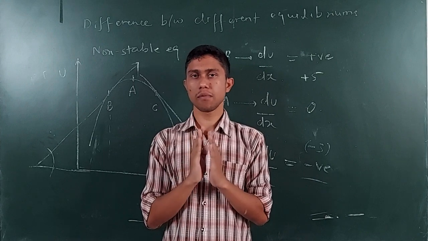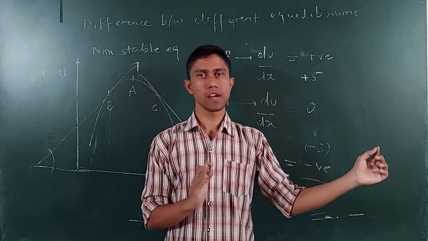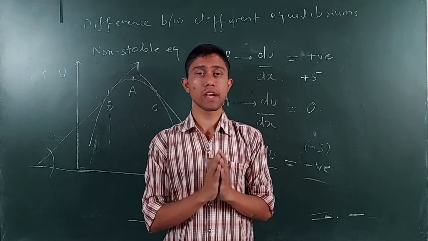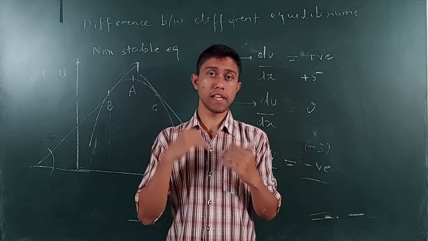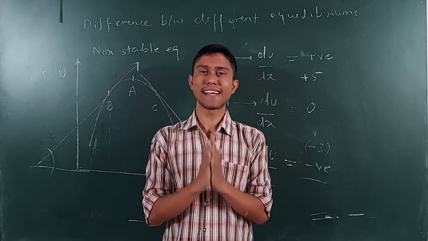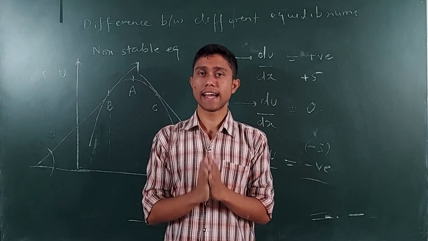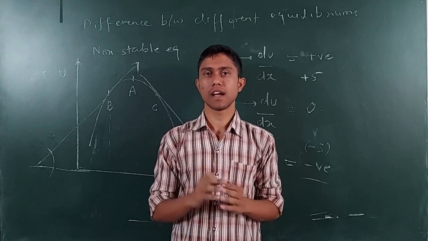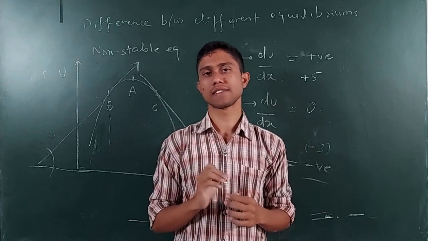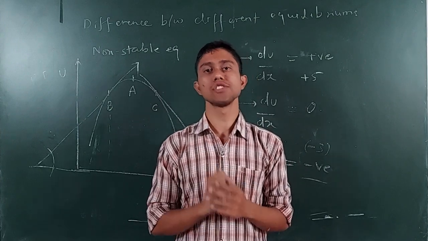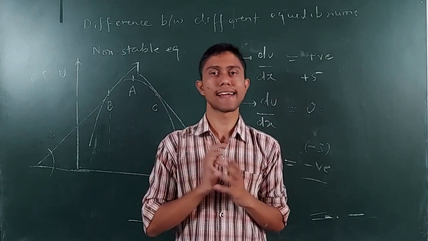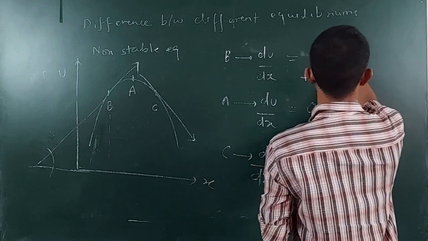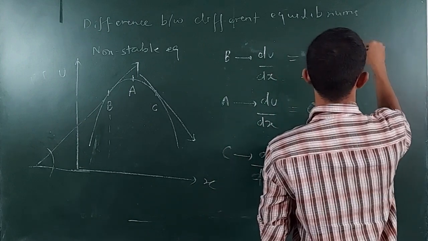So you can see that going from point B to A to C, I am going along the negative axis. Which means my du by dx is decreasing. So I can tell that du by dx is decreasing. The rate of change of du by dx is negative, or in short, d square u by dx square is negative.